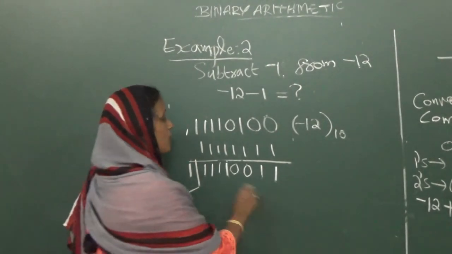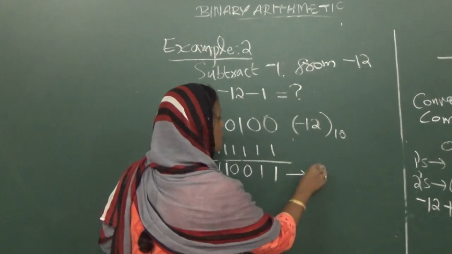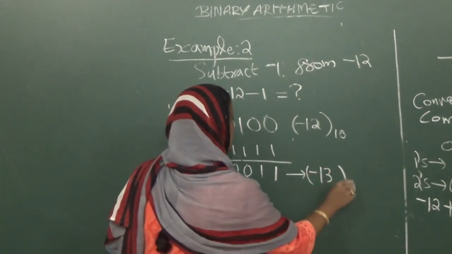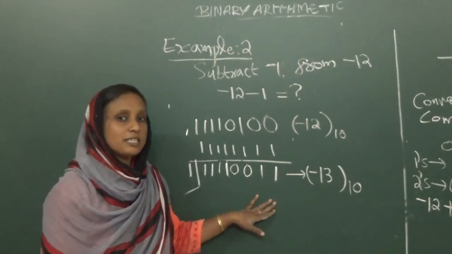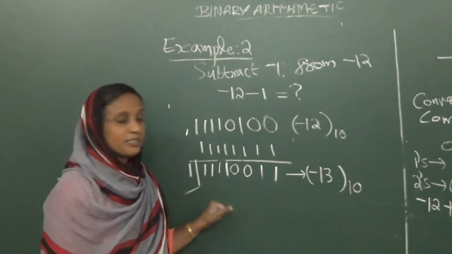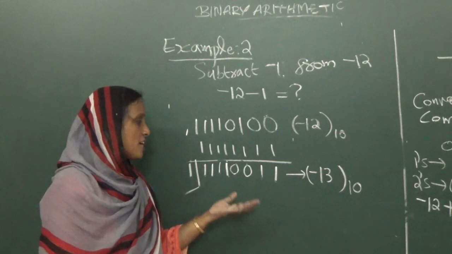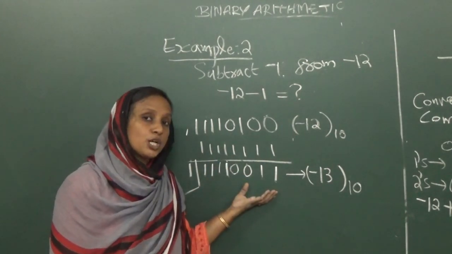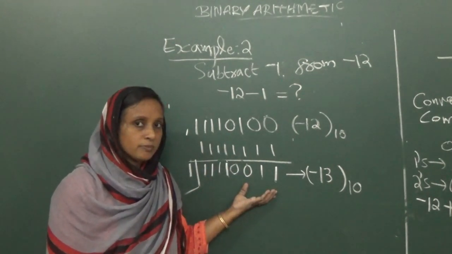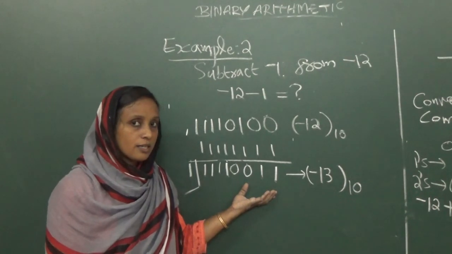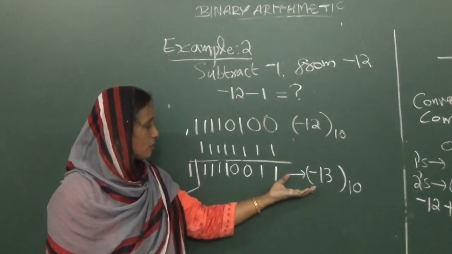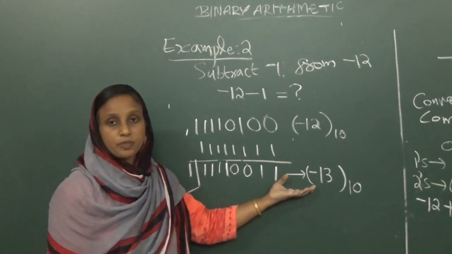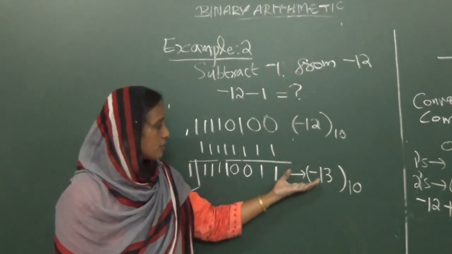We can assume that this should be minus 13. We have to verify that. Does this represent minus 13? How to check this? Actually, this is in its 2's complement form. So we can invert this or perform this process to verify whether this is equivalent to minus 13.